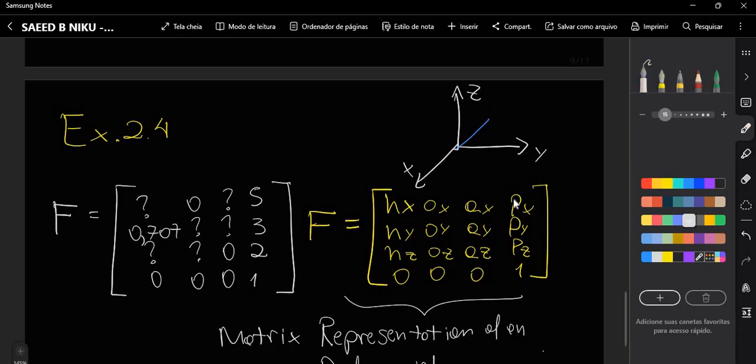So let's see right here, which is the one that we are covering this whole time, the AO reference system.